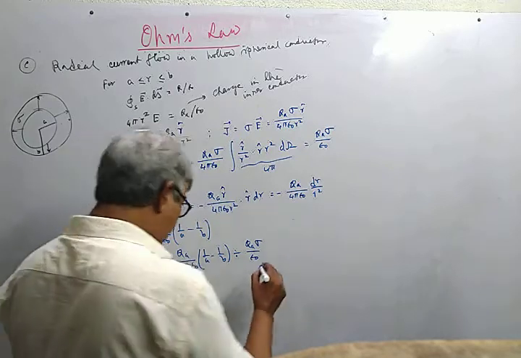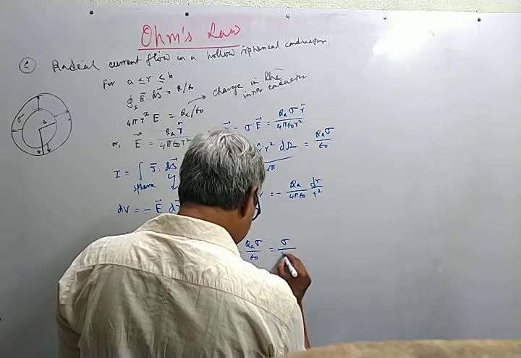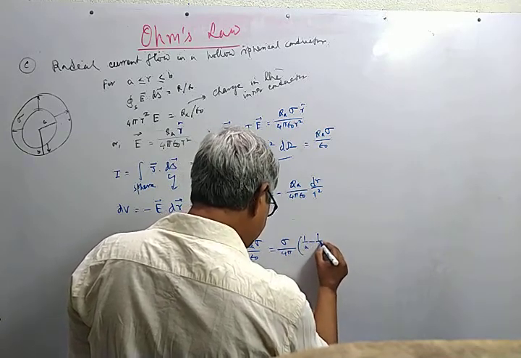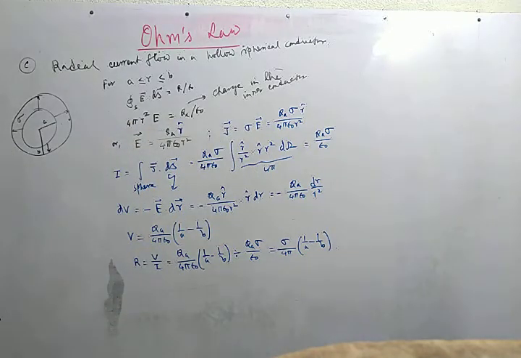QA and epsilon 0 cancel out, so this is the resistance for the radial flow of current across a conductor in the form of a hollow spherical shell.